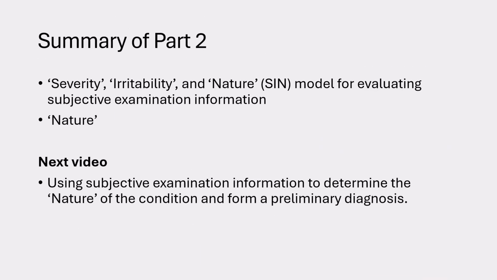To recap, in this video, we've looked specifically at the nature component of the SIN model. We've also mentioned that this is a useful model for helping extract the relevant information from our history taking, to plan ahead for our physical examination and for forming our preliminary diagnoses.